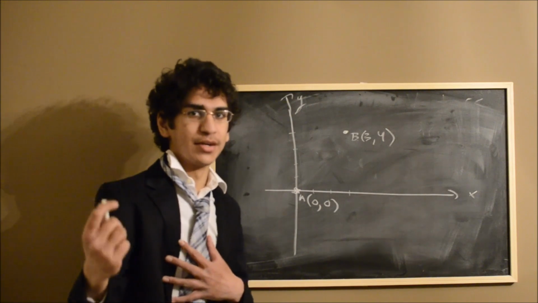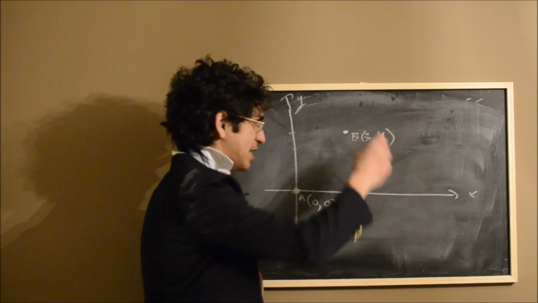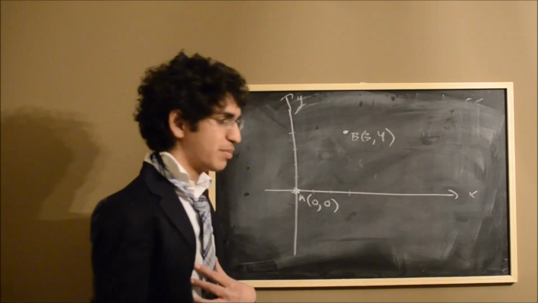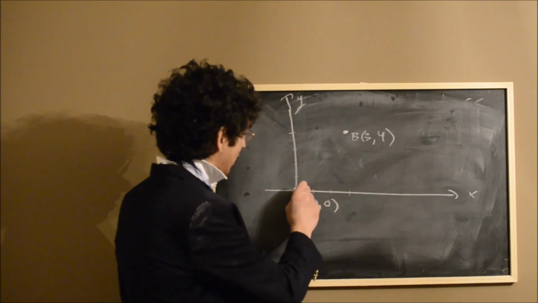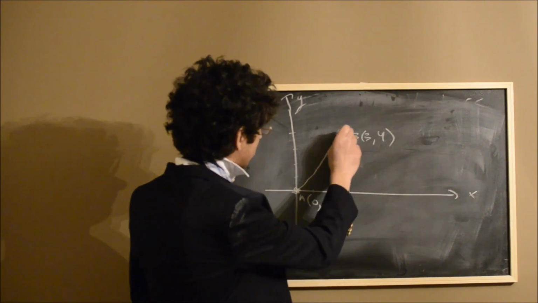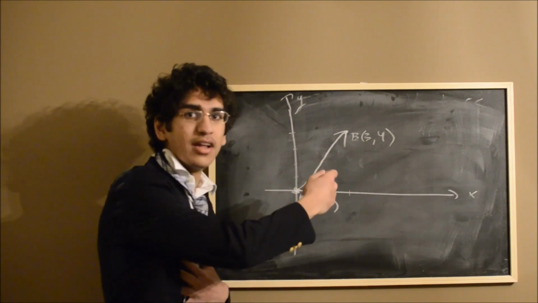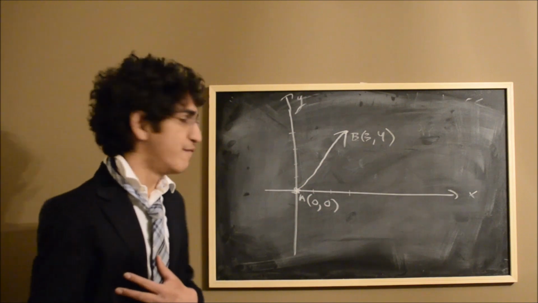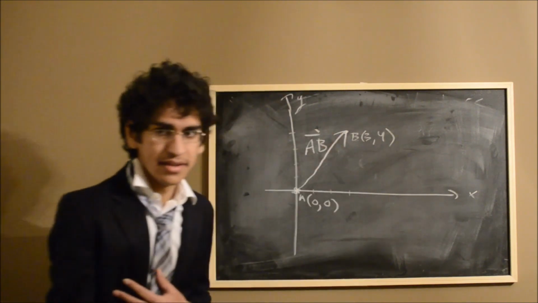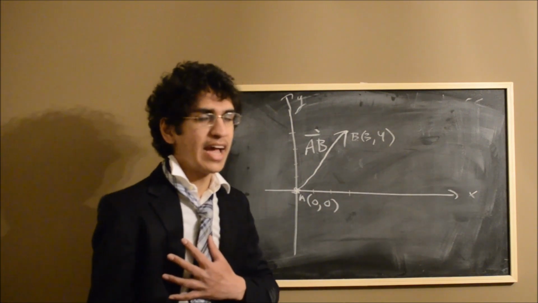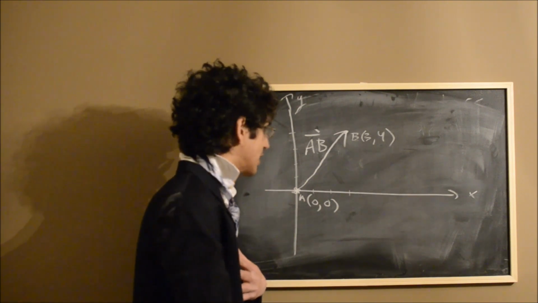I can create a vector by connecting an initial point A and a final point B, where A and B are points in space. And I can make this vector by starting at the initial point A and drawing an arrow up to the final position B. The connection of these 2 points is now a vector AB. However, vectors do not have a location in space, only a magnitude and a direction.